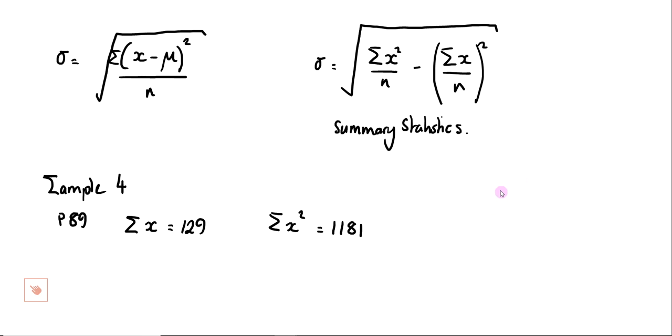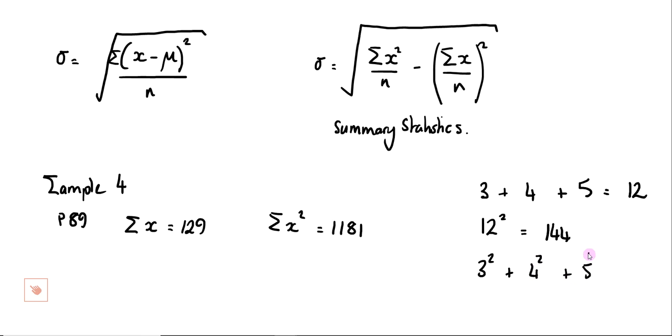Should we do a trial? What if we've got 3 plus 4 plus 5? What's the answer? 12. Right? And if we do 12 squared, we get? What if I do 3 squared plus 4 squared plus 5 squared?